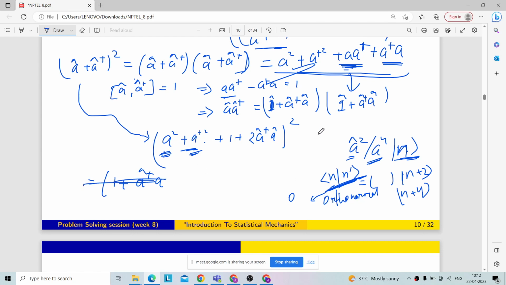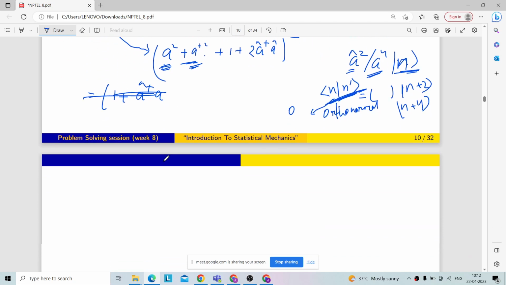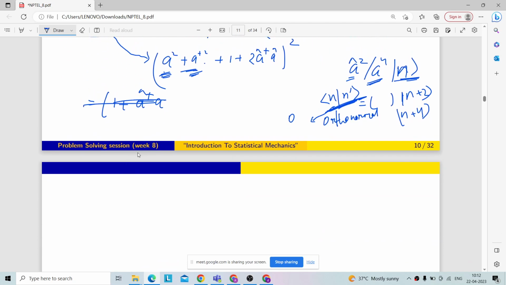So let me write it this way. So I have a². I'll ignore them after making this square. I'll take them as 0. So (a†² + 1 + 2 a† a) whole square.